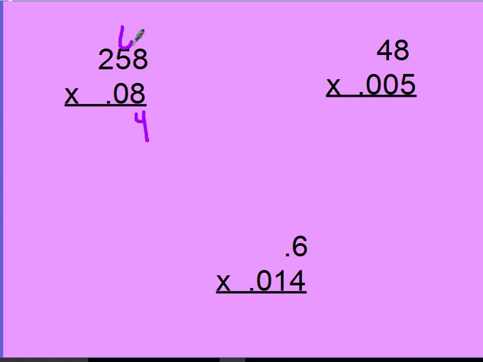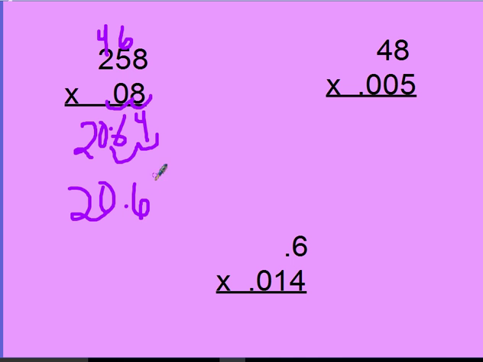I'm going to carry this, that's 46, carry this, 16, 20. Now I could make another row, but I know my zeros are all going to be zeros. I've got to go 1, 2 to get out. That means I need 2 to get back in. My answer is 20 whole and 64 hundredths.